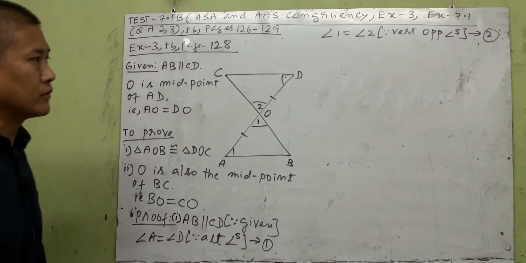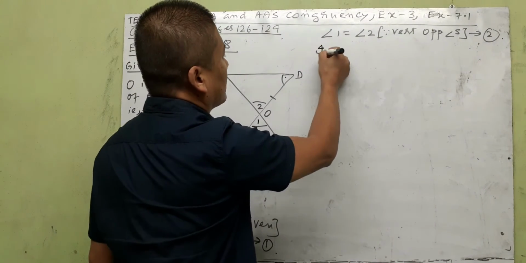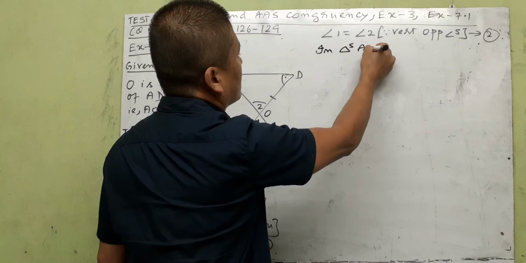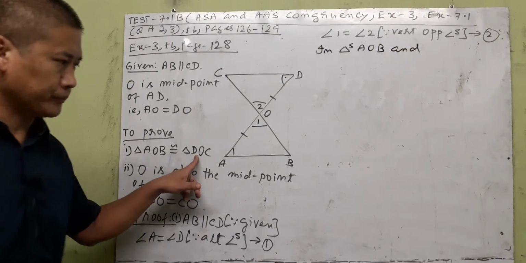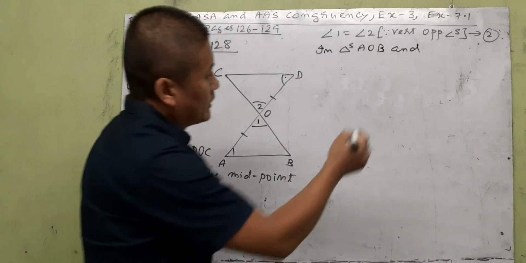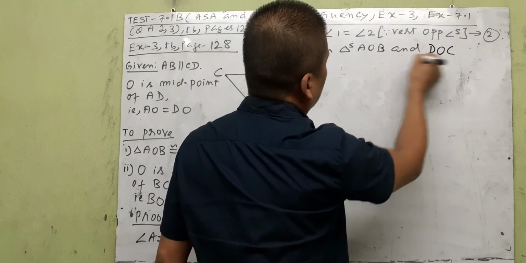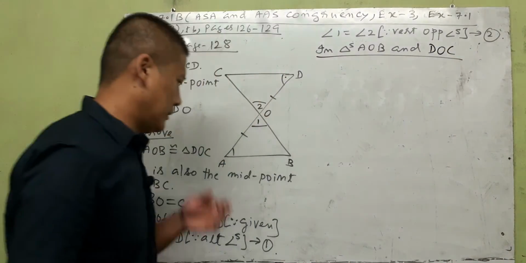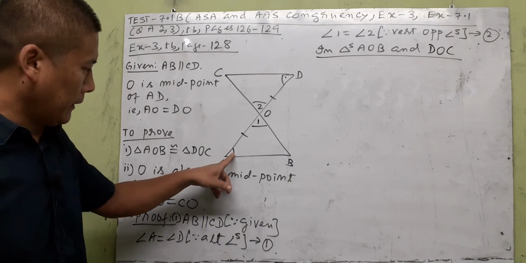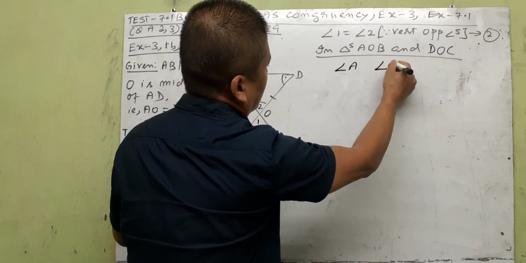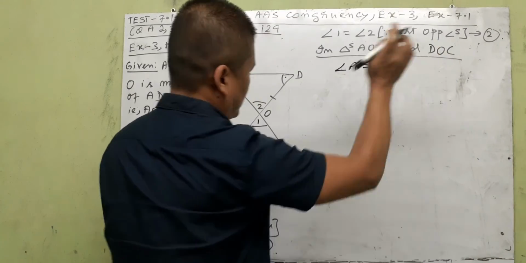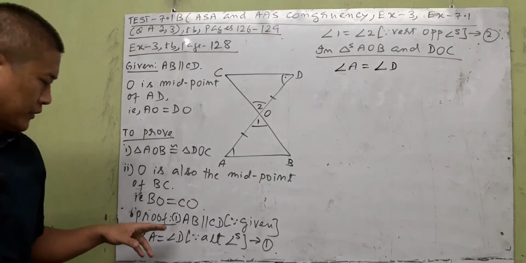These two triangles are congruent. So here we write, in triangles AOB and DOC, we see here angle A, the first letter, equal to angle D or not. Let us check. Corresponding positions of letters are the same. So here A equal to D, yes.